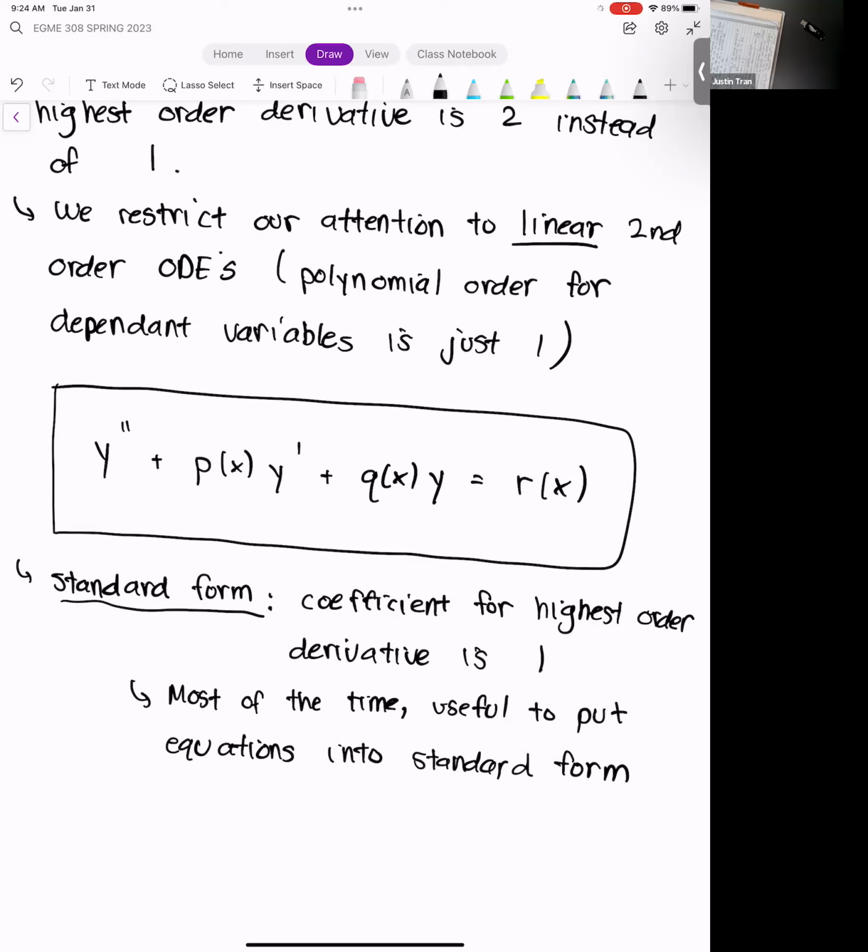If the highest order derivative has a different coefficient, it's a good idea to just divide by that coefficient to get it.